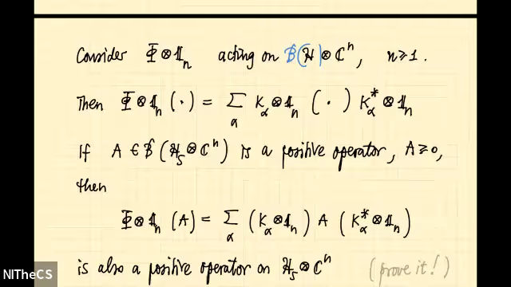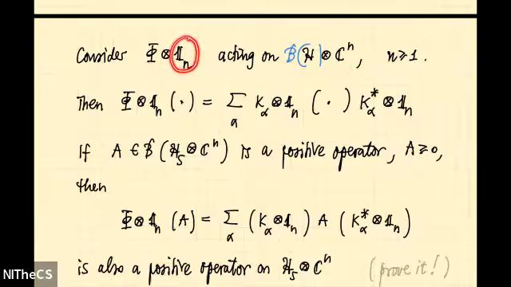Now I look at an extension of this map to the space which is the original space on which phi acts, tensored with an n-dimensional complex space, C^n, okay? I look at this map acting on a bigger space, and I ask, how do I augment this map to act on a bigger space?